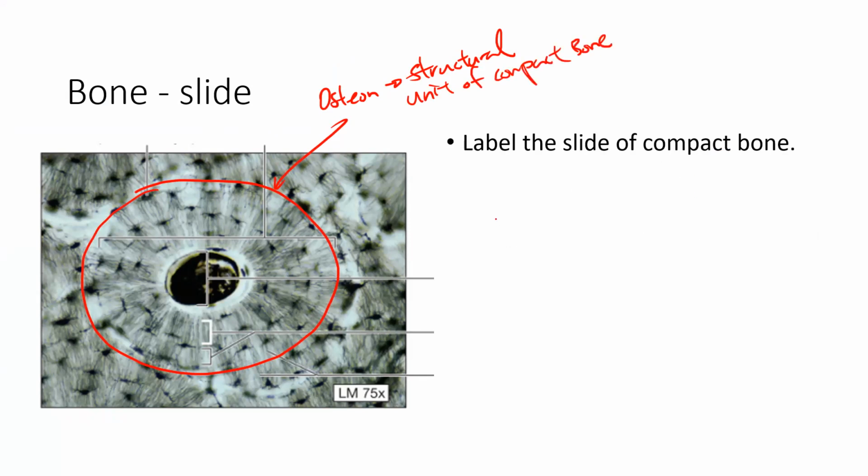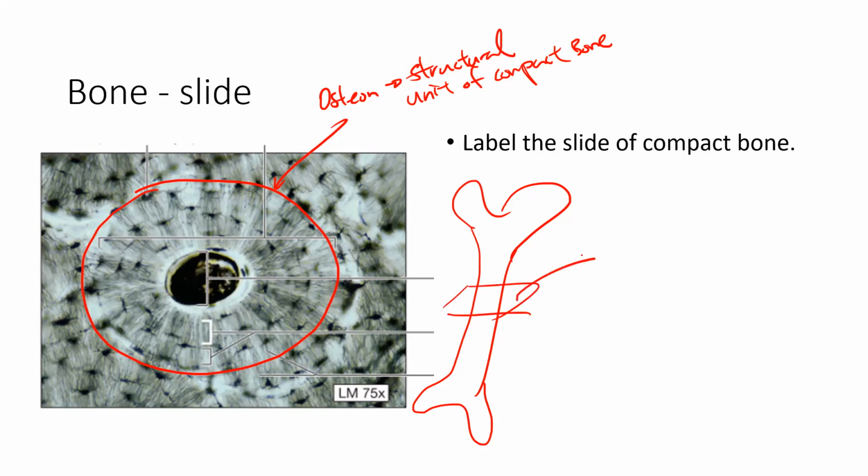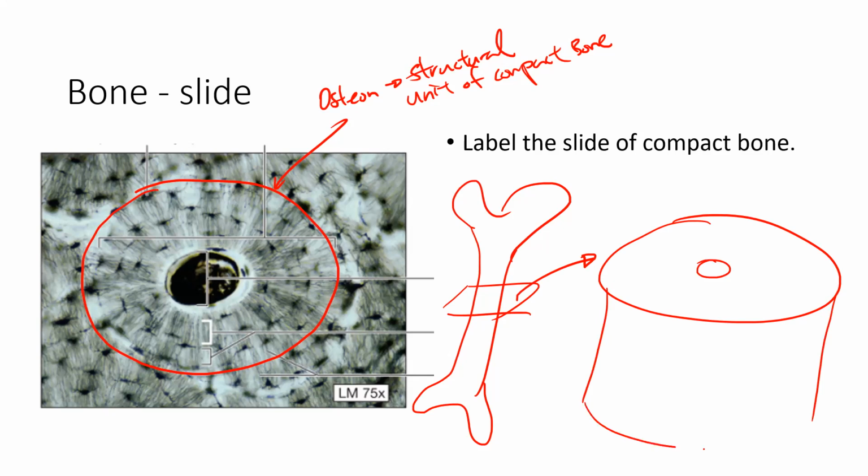What is compact bone, you ask? Well, if you think about the long bone, if I take a slice from the diaphysis, it will look like a roll of tissue paper. The inside is where your bone marrow is going to be.